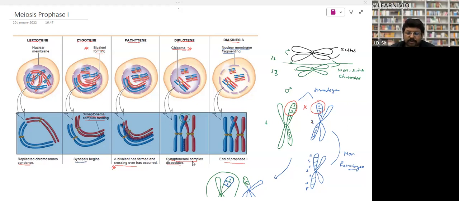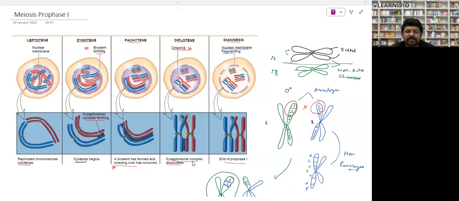The crisscross structure formed during this stage is called, sorry, it's called chiasmata.